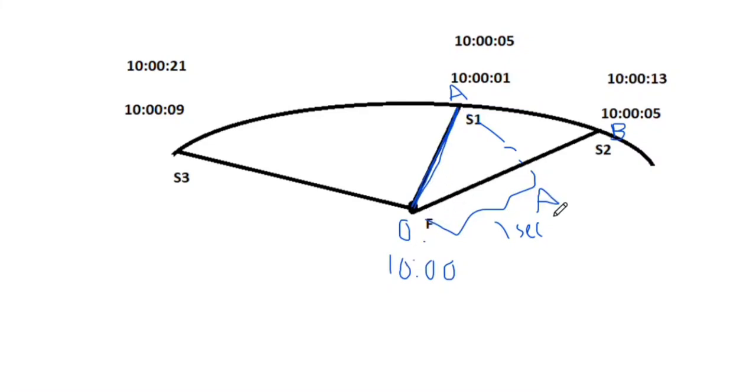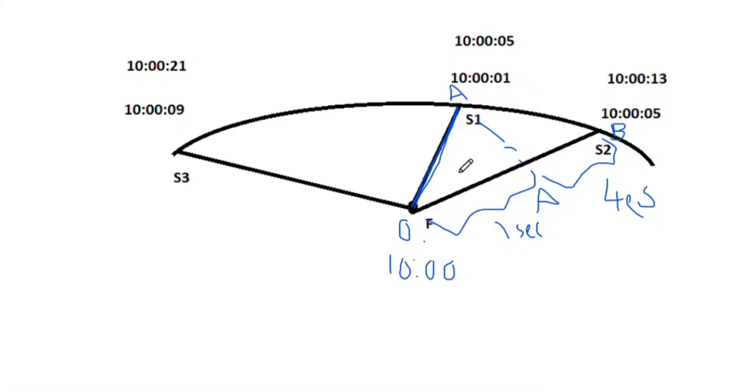Then we can see that the P wave took 4 seconds to travel the remaining distance AB. That is, it reached at 5 seconds and 1 second, it took 1 second to travel this OA, so the remaining time the P wave took will be 4 seconds.